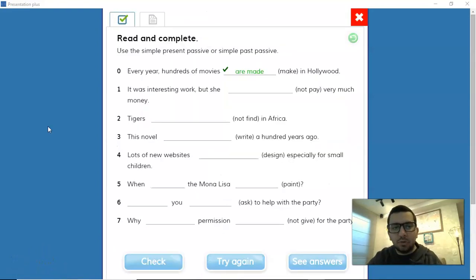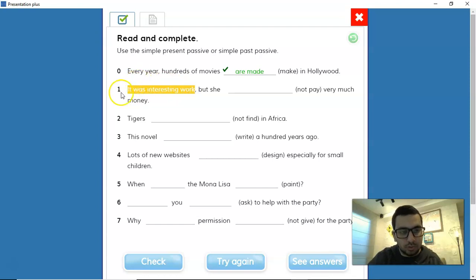Okay, guys. So in this activity, we just need to build the sentences either in simple present, but in the passive form, or in simple past in the passive form. So we need to find information here to check if the context is in the past or in the present. Number 1, it was interesting work.